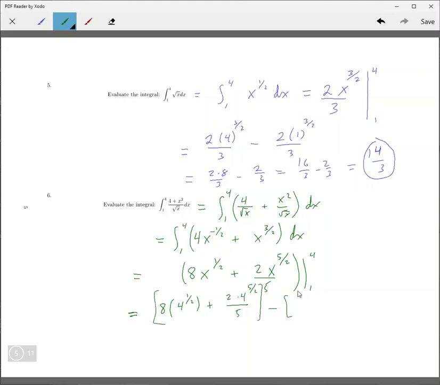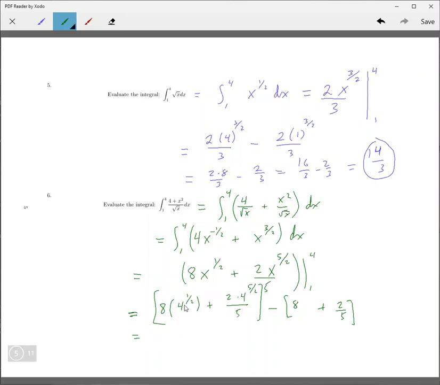Now subtract and put the 1 in. When I put the 1 in, it's just going to be 1. So I'm just going to go ahead and simplify that.